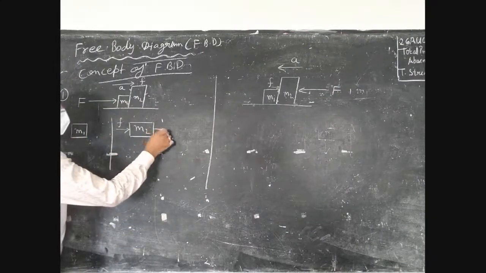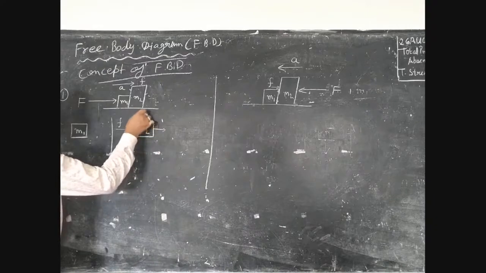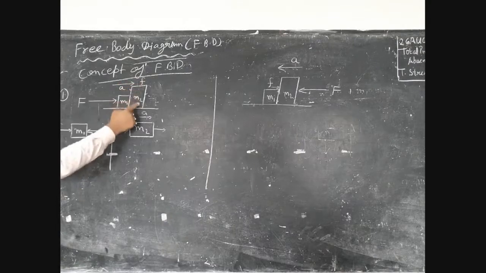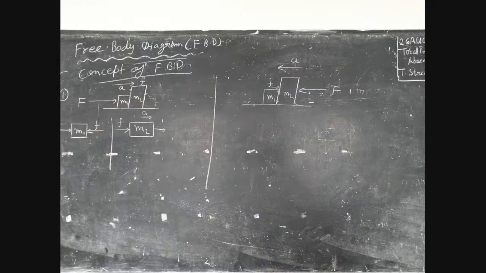And we get it is moved with an acceleration a in this direction. Okay, and here the force F is applied on m1, and we find a force due to the mass of m2 opposing this force. Clear? But thereafter it will move in the direction of application.